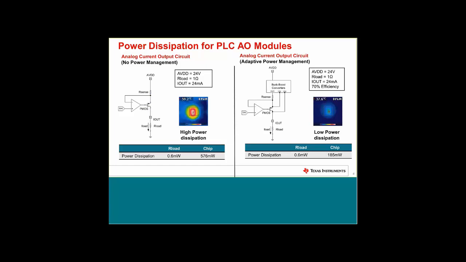As a result, the power dissipation is reduced quite significantly to 185 milliwatts, and the temperature is closer to 37 degrees C. So we've achieved two of our primary goals in terms of enabling this smaller design form factor and increased density by reducing power dissipation and by reducing the heat that's dissipated from the device.